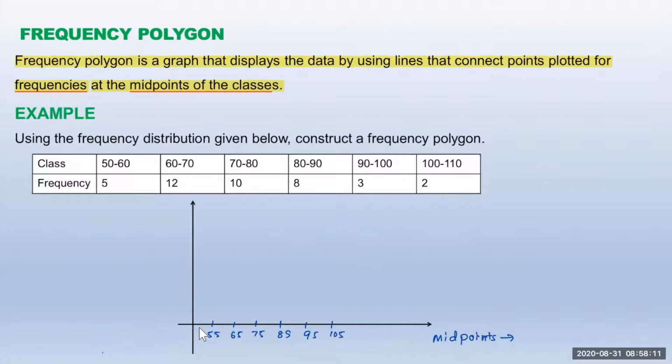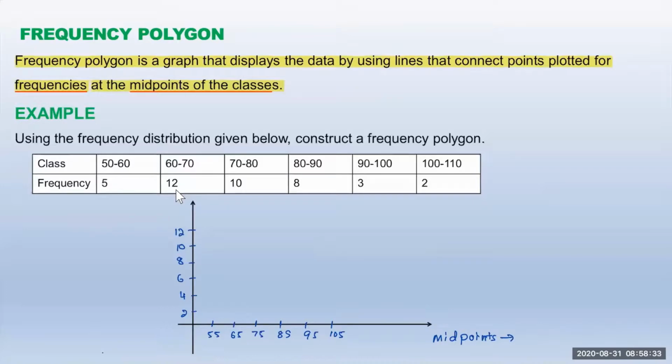Then along the y-axis, we need the frequency. We have a maximum frequency of 12, so I'm going to count by 2: 2, 4, 6, 8, 10, and 12.